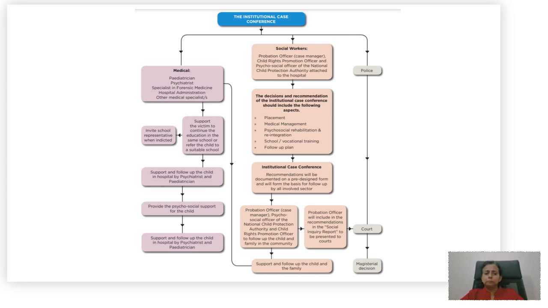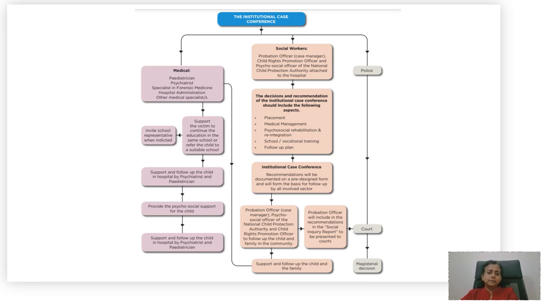Whether you want to put them in safe houses, in foster care, or in a children's home, that decision is based on the social worker's report. The institutional case conference also involves the probation officer, the child rights promoting officer, NCP or National Child Protection officials, the hospital director, and whoever is helping in the placement. Those are the issues that have to be ensured when the child is going back home.